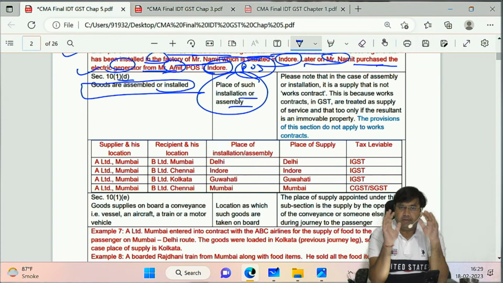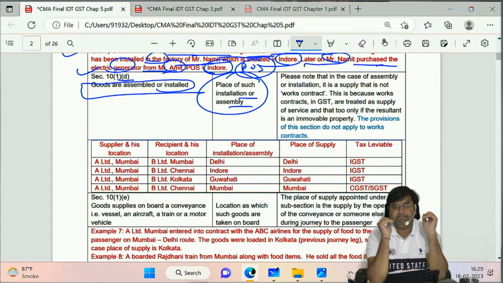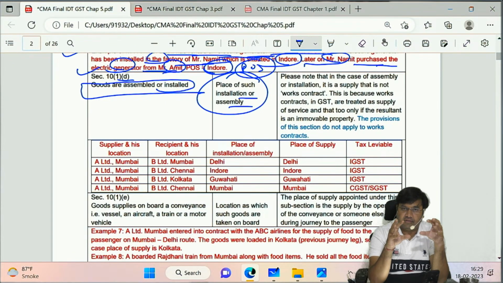He completes that and finally delivers it: Sir, your furniture is ready. So the office where the assembly took place, maybe of a computer, plant and machinery or furniture, that is going to be the place of supply.